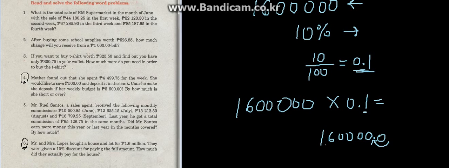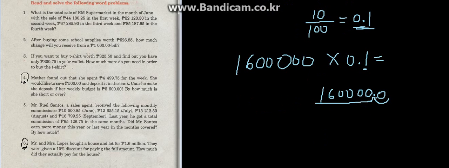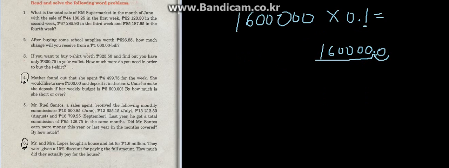So 10% of the original price is 160,000. So that's the discount that they got. The 10% of 1.6 million is 160,000.